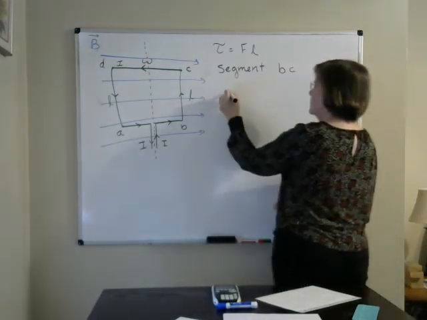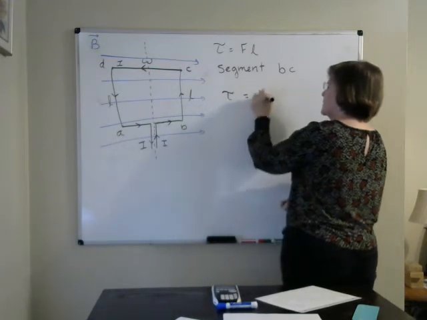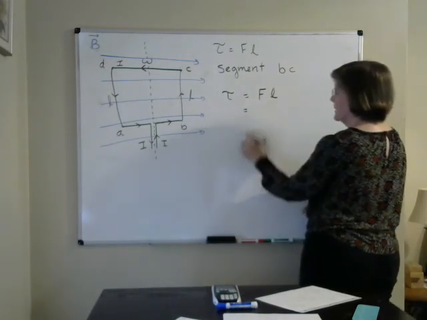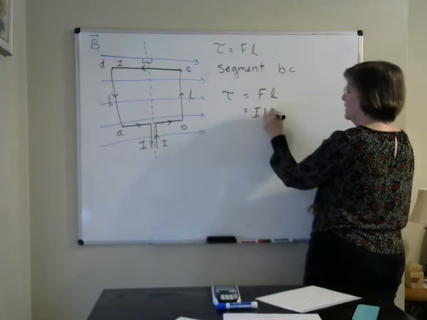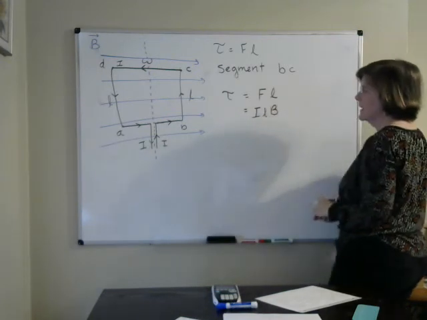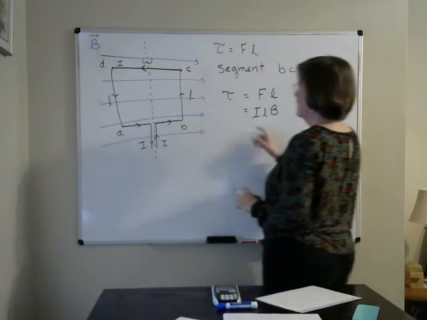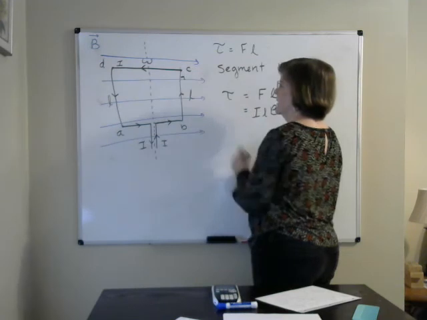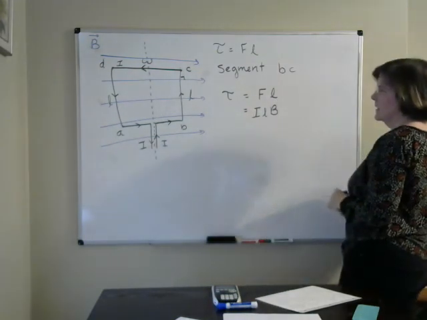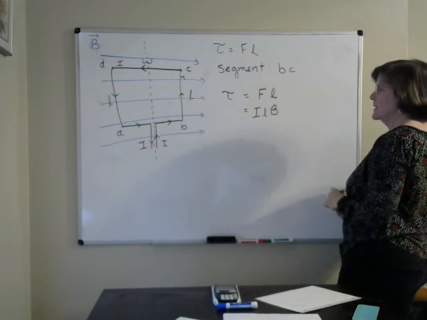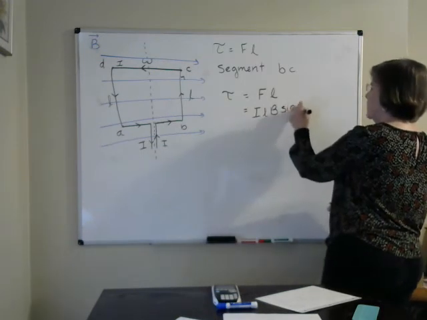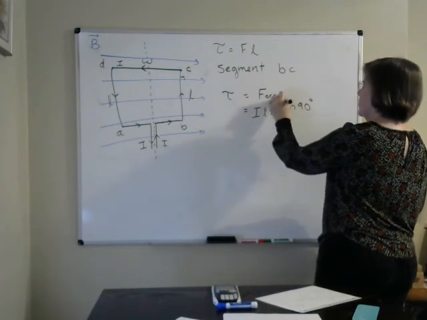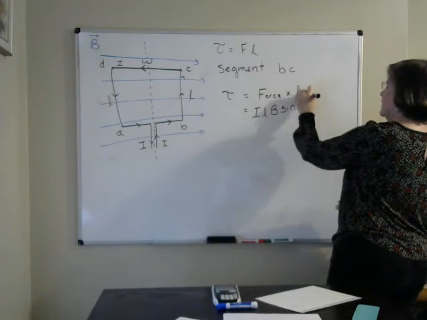We know the torque is going to be the force times the length in this case. The force is ILB sine theta. The current is going straight up and it's perpendicular to B, so sine theta is going to be sine 90, which turns out to be 1. And I guess I better be careful here. That is going to be, let's write it out with words, force times lever arm.